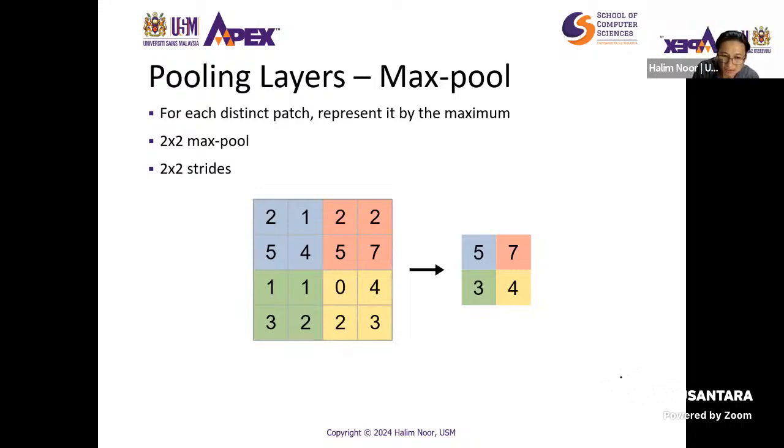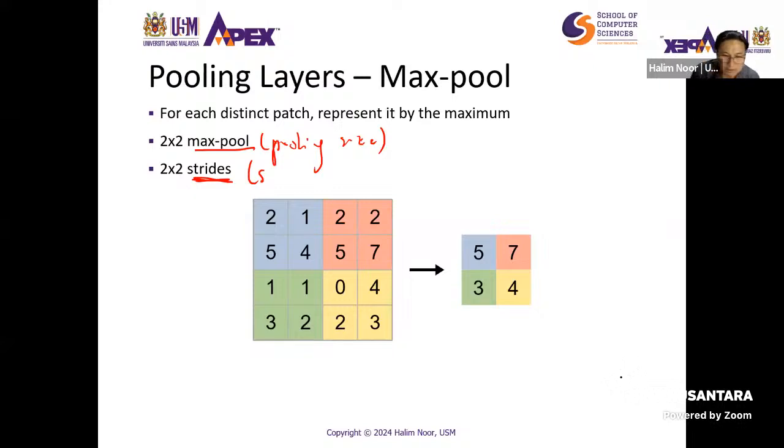The first one is the pooling size, and the other is the stride. The stride is typically equal to the pooling size. So if the pooling size is 2 by 2, then the stride is also 2 by 2. That means we move the step size to the right by 2, and downward also by 2.